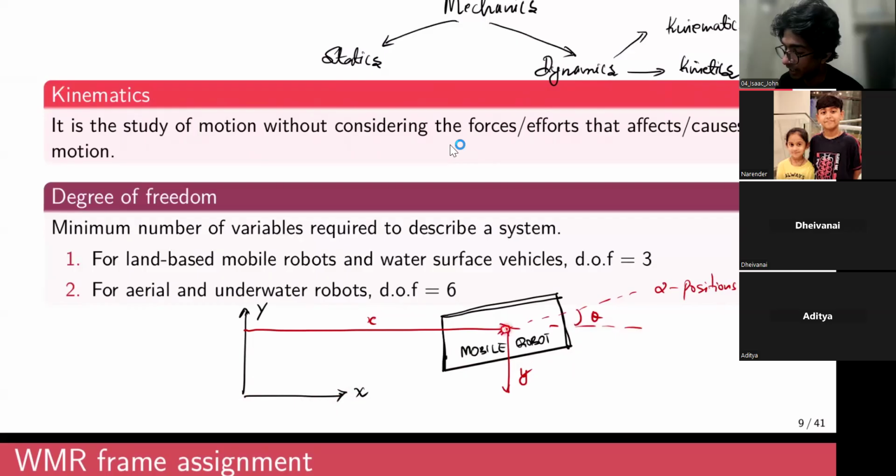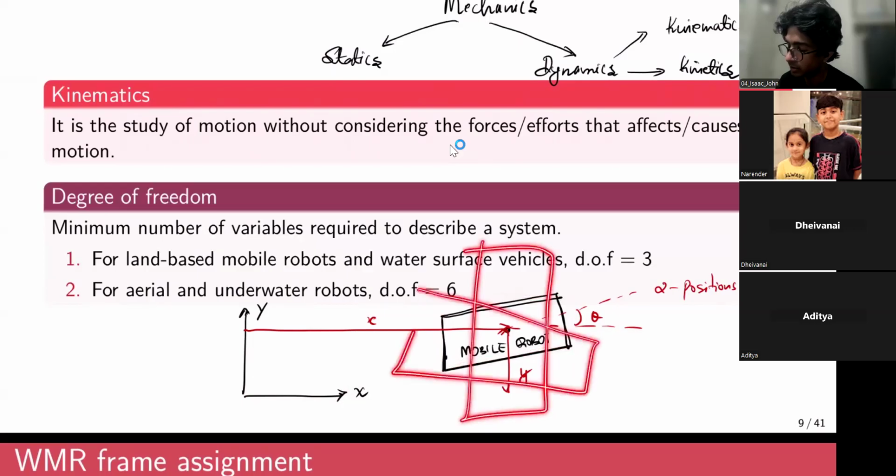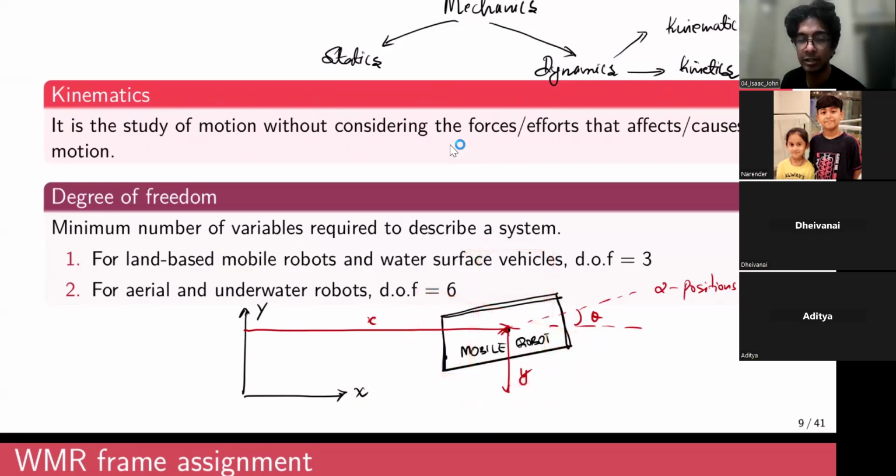Because even if you fix x and y, it can be oriented like this, or like this, or like this, right? So x and y is not enough to fully describe its orientation. You need one more coordinate, one orientation coordinate, which is described by the parameter theta, right?